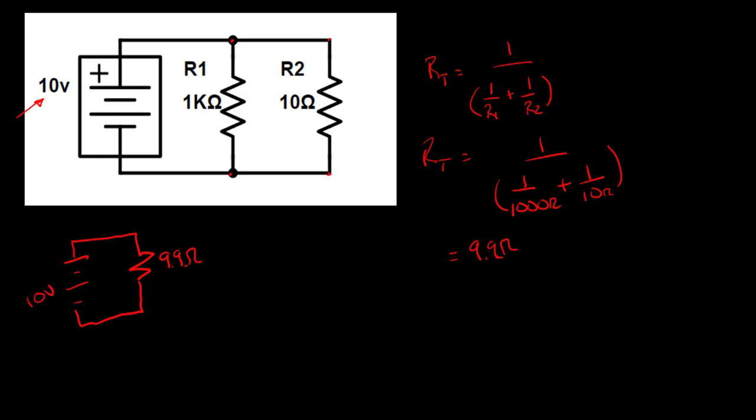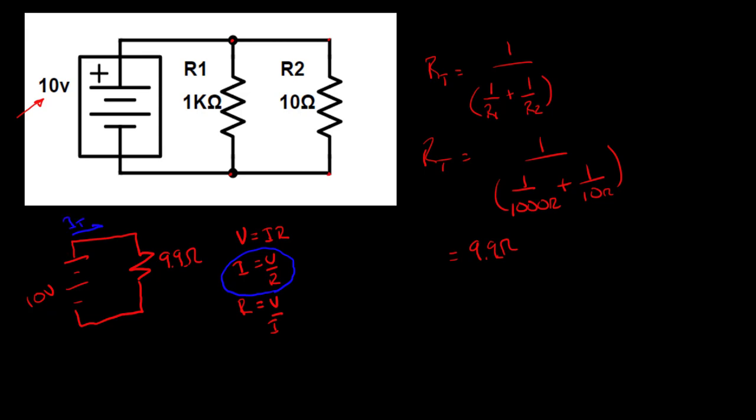Now from this, I can use Ohm's law. Remember, our basic Ohm's law is V equals I times R. I can also solve for current, I equals V divided by R. And I can also solve for resistance, R equals V divided by I. We're going to use this solution right here in blue, and solve for the total current, which would be IT.